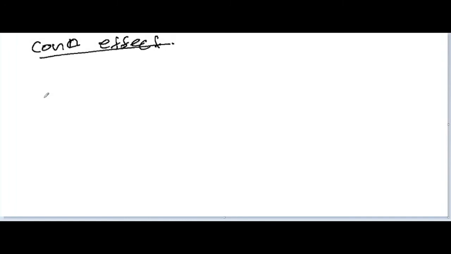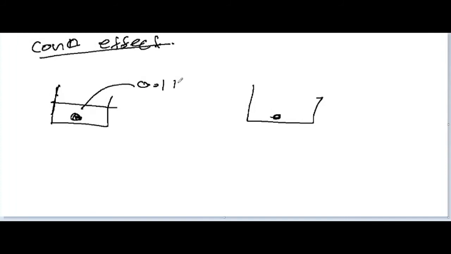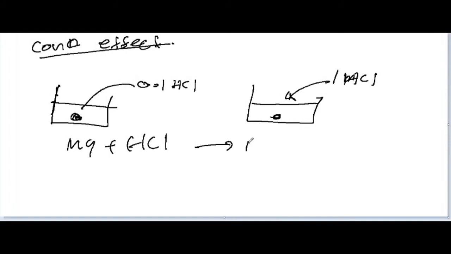When we consider concentration, I'll suggest a simple example similar to the previous one. Think about two beakers, each with 1 gram of magnesium metal. To one we add 0.1 mole per cubic decimeter HCl, and to the other we add 1 mole per cubic decimeter HCl. After addition, as I said before, the reaction between HCl and magnesium gives magnesium chloride plus hydrogen.